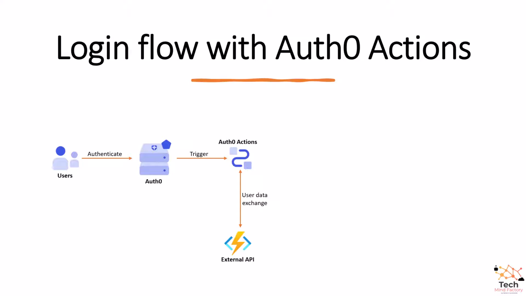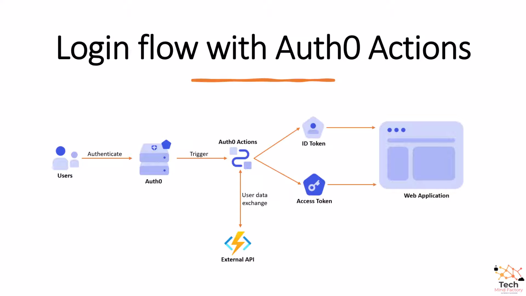So for instance, loyalty program number, or this can be actually any profile attribute, and then we can include this data in both ID and access token. Okay, so here it's fully customizable. We have control over that in the Auth0 action code, and once we include this data in those tokens, we can successfully issue those tokens to the application.